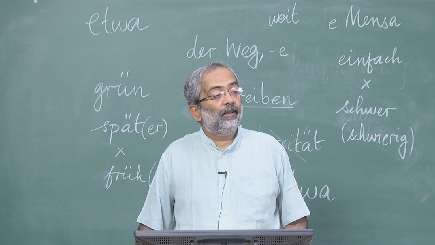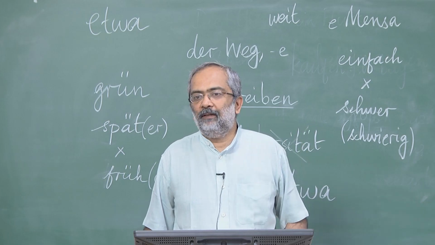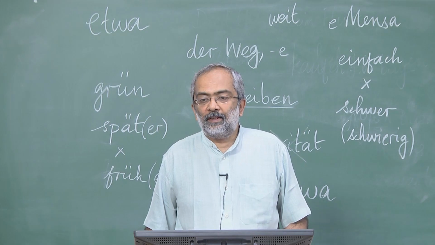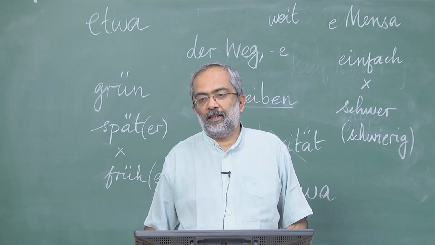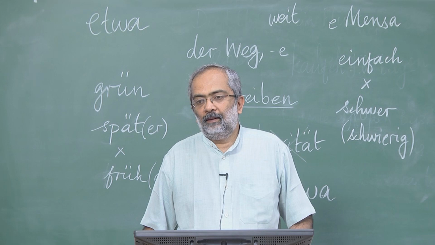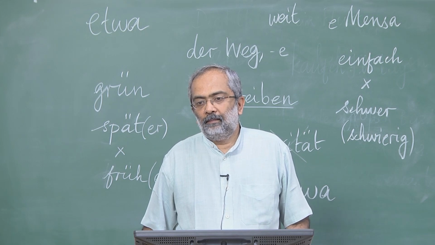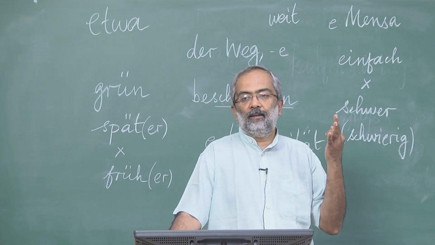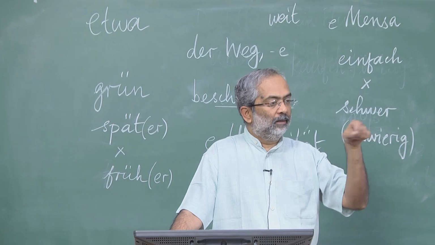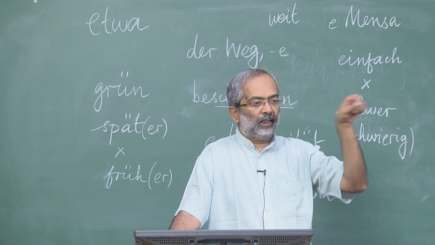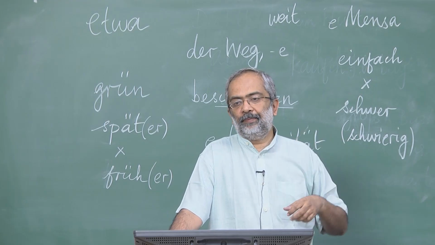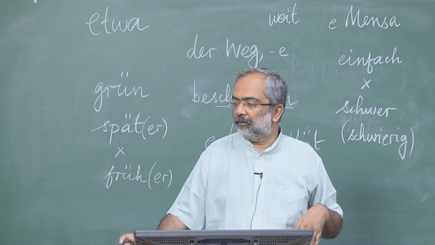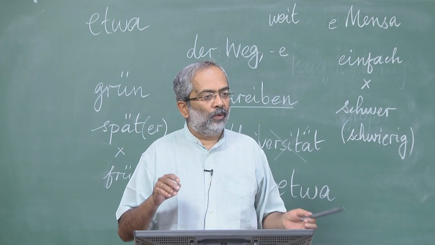Wie viele Verben kennen Sie? 23. Bitte lesen Sie die Verben. Sehen, sitzen, finden, gehen. All those who have written the same verbs, just strike them off. Noch einmal bitte. Sehen, sitzen, finden. Why don't you take the mic and talk a little slowly?